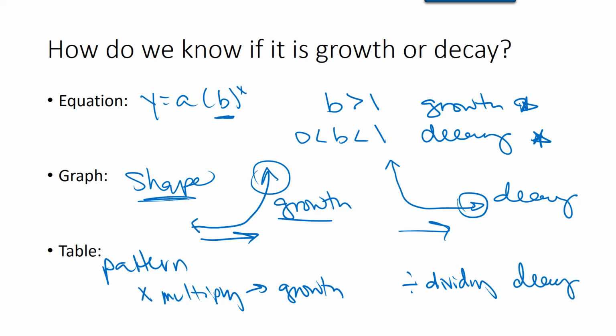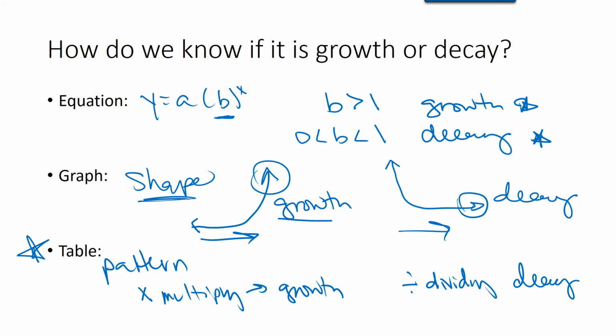If it's something else, like we've already looked at adding and subtracting, those are linear, so those would be neither growth nor decay. And on tables, I'm going to ask you that, since we've talked about other patterns. It's not just going to be growth or decay, it's going to have neither in there also, so you need to be looking for adding and subtracting as well. But if it's not multiplying, it's not dividing, that would classify it as neither.